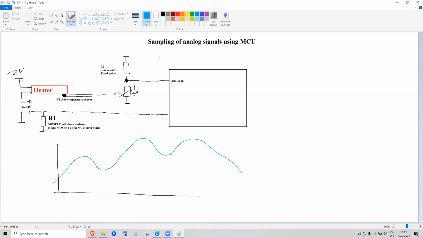Okay, but the problem is that you can have noise on the PCB. Maybe if it's inside the car, then this supply voltage is changing all the time. Maybe there's some noise coming from the outer world, and the resistor also has its internal noise, which is called pink noise.